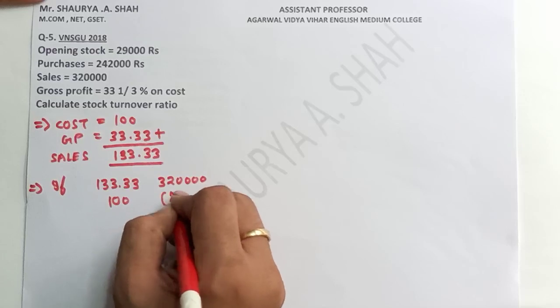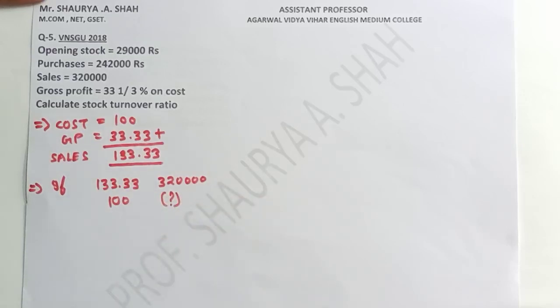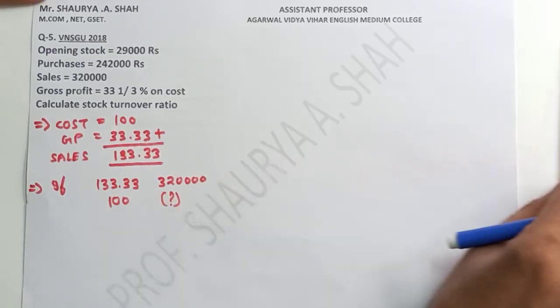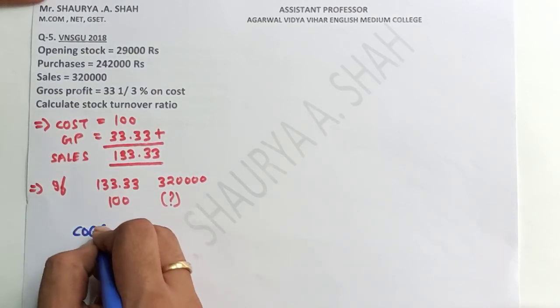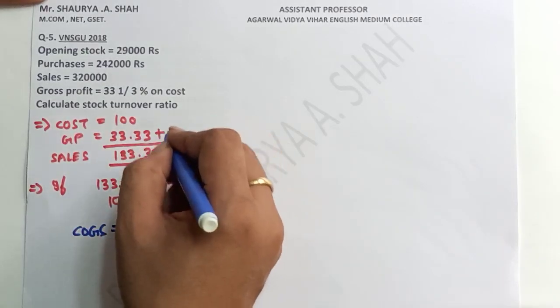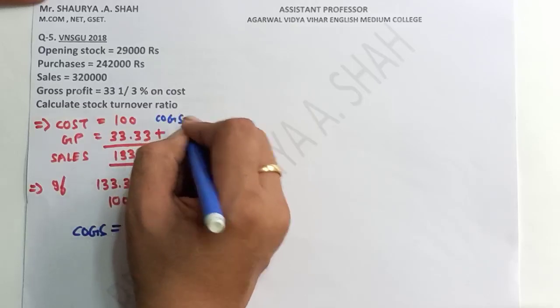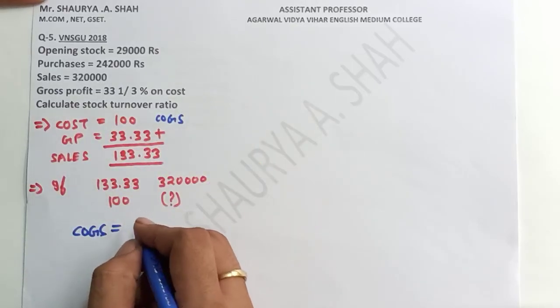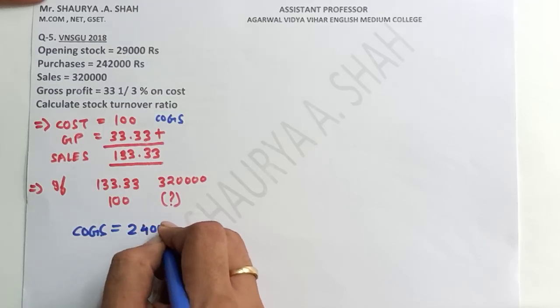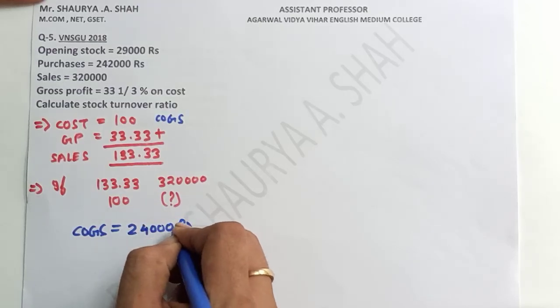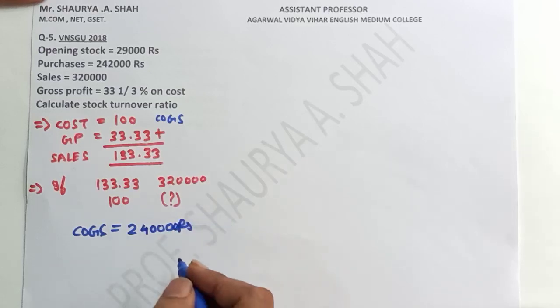That is 100. So I'll get the answer of, students, cost of goods sold, COGS, that is my cost itself, right? This COGS is equal to 2,40,000 rupees. If you see in the equation, you will find out the answer, 2,40,000 rupees. Is it clear to everyone till now?